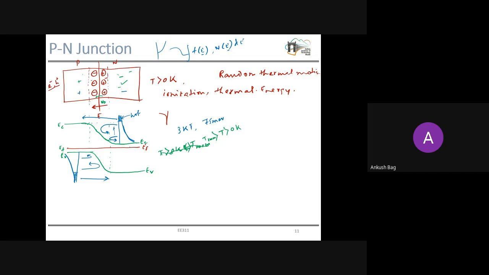So if we increase the energy of this system, the electron energy will increase and the hole energy will decrease. So the holes which have higher energy will be able to go inside and cross this depletion region, but the rest of the holes which do not have sufficient energy to cross this potential barrier will return back.